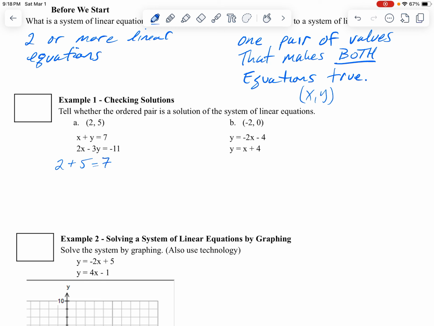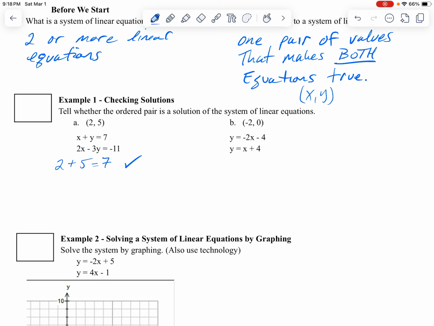And then I'm going to see if this equation is true. So is it true that 2 plus 5 equals 7? Yes, so we are good. So what that means is that this is a solution to the first equation. And if we were graphing this, what that would mean is this point would be on this line.